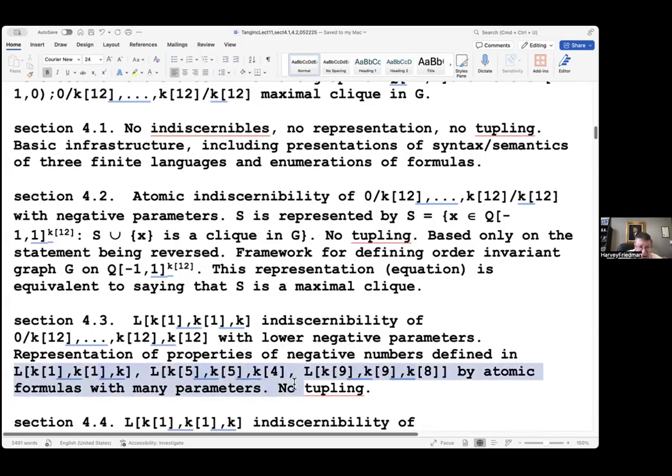This is in these languages by atomic formulas, right? I think the indiscernibility with respect to the other languages follows from this. So we have indiscernibility actually with respect to all three languages here. Yeah, I should say that.